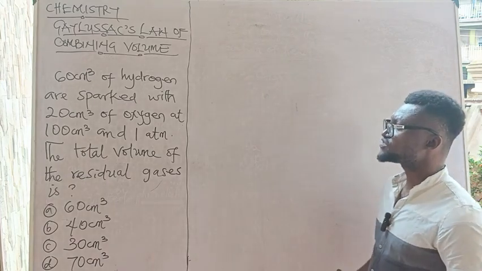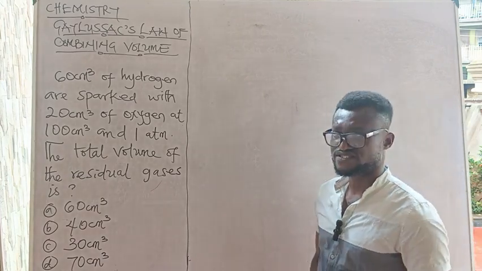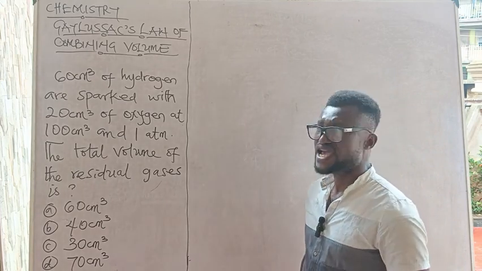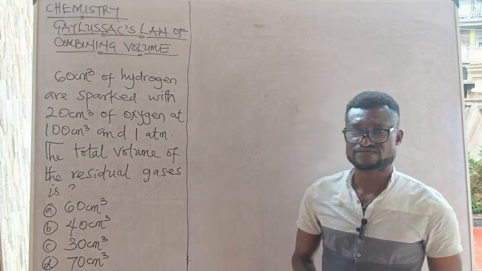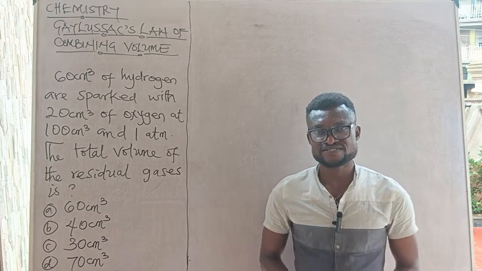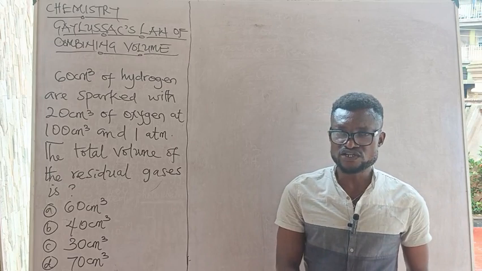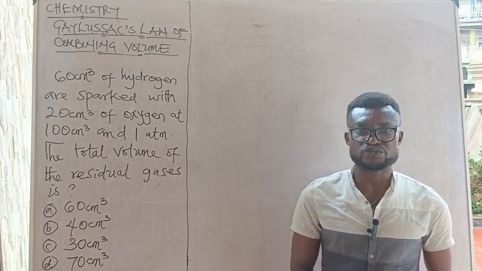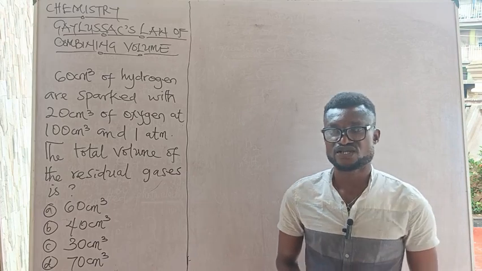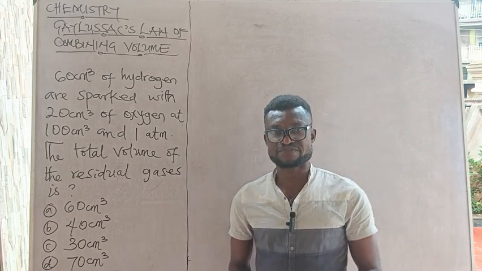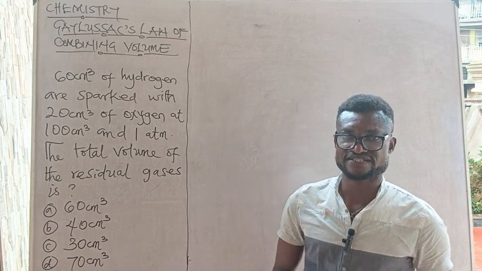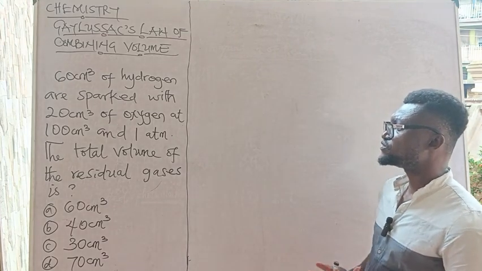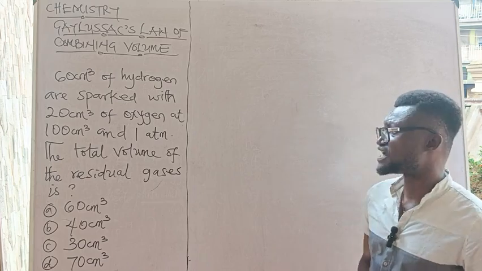Okay, in solving this type of exercise, you need to know the principle of Gay-Lussac. Gay-Lussac's law states that when gases combine, they do so in volumes of their simple ratio and to the volume of the product if gaseous, provided that the temperature and the pressure remain constant. Now, we need to write down the given parameters.